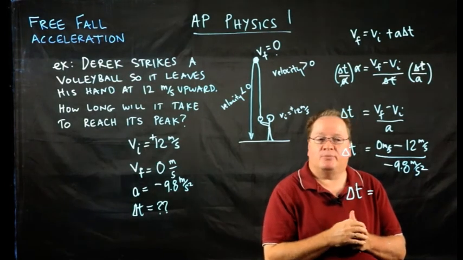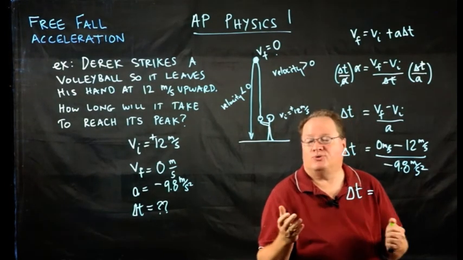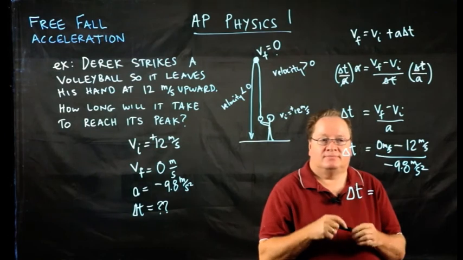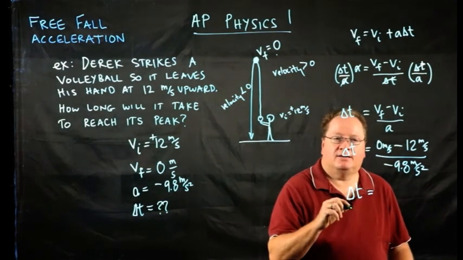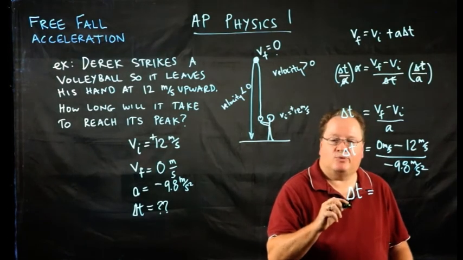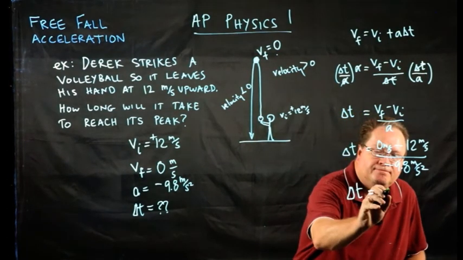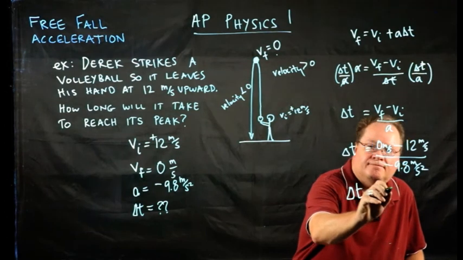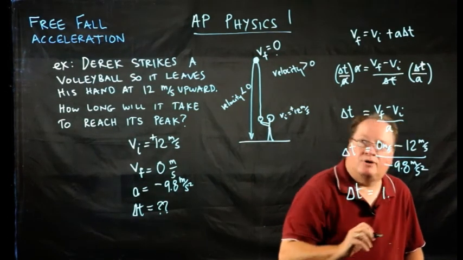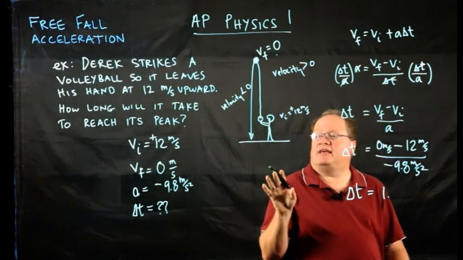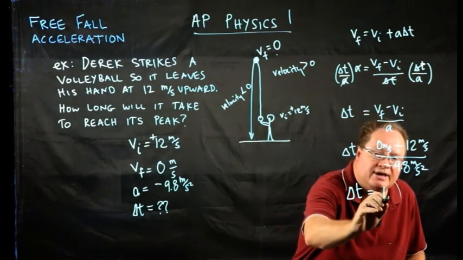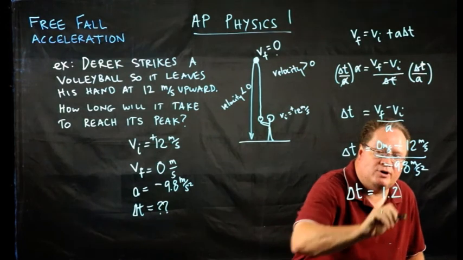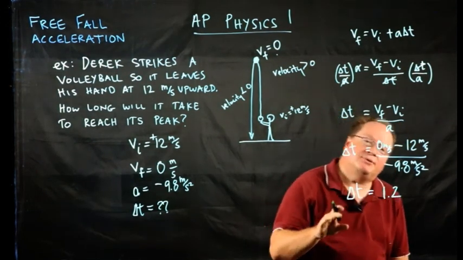You should get a number that's right around 1.2 seconds, just a little bit bigger than that. So 12 divided by 9.8 is 1.22. I'm really only allowed 2 sig figs because the 12 is the only number they gave me, so we're going to round 1.22 to simply 1.2.